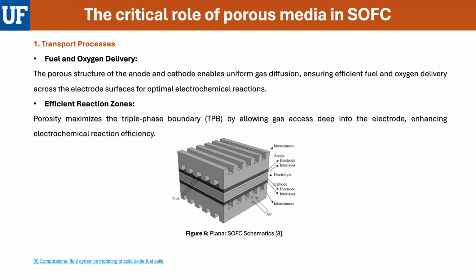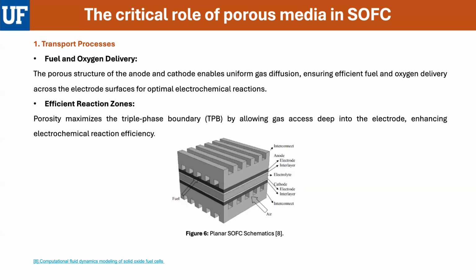Going to how it affects the reaction zone, the triple phase boundary, that is TPB, where the gas, electrode material, and electrolyte meet each other, is the site of the electrochemical reaction. Porosity maximizes the TPB by enabling gases to access deep into the electrode material, enhancing reaction efficiency.